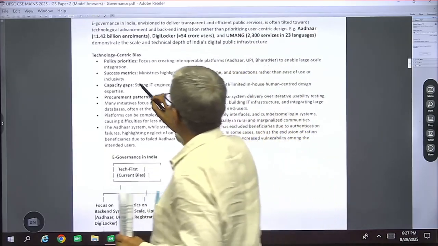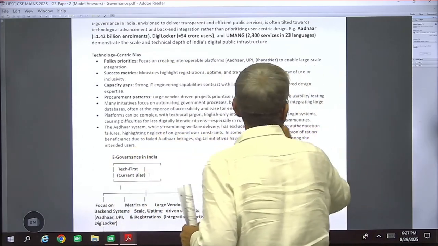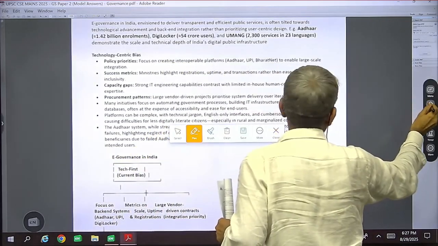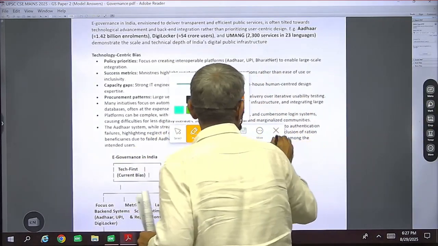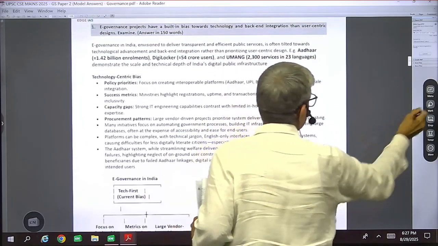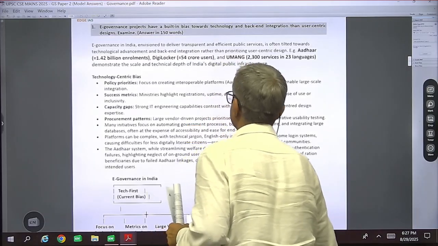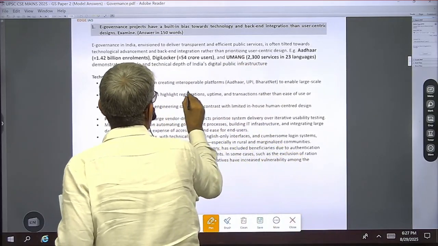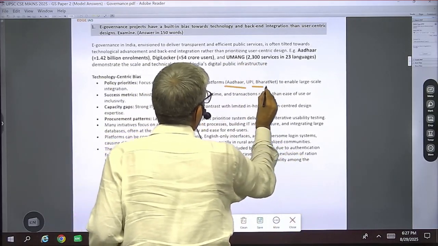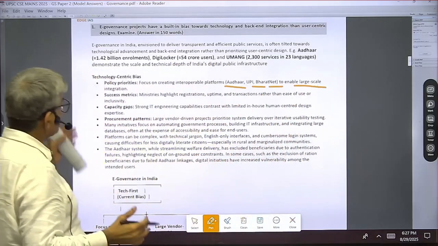The answer to this question should include policy priorities. What is our policy priority? Aadhaar, UPI, and BharatNet to enable large-scale integration.